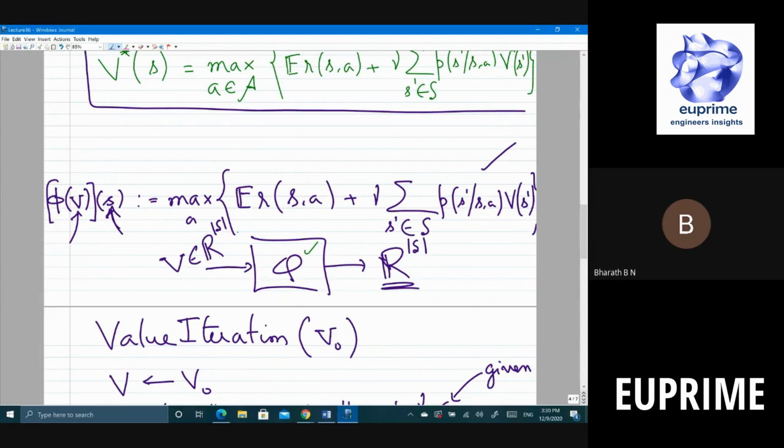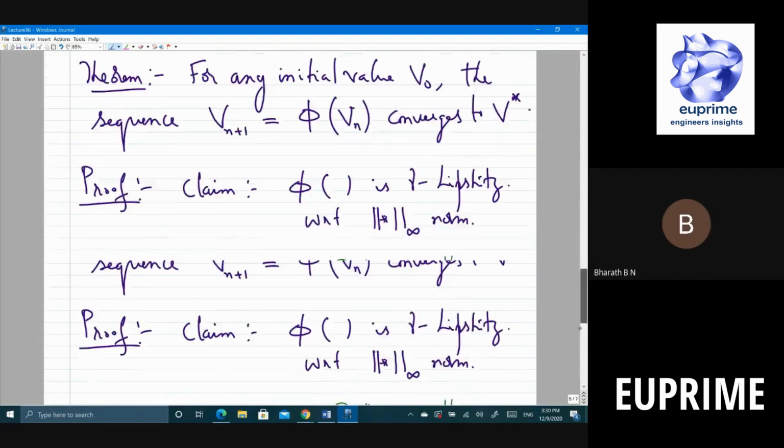If you stack all the v of s, that's a vector. Phi operates on that vector and you get another vector.